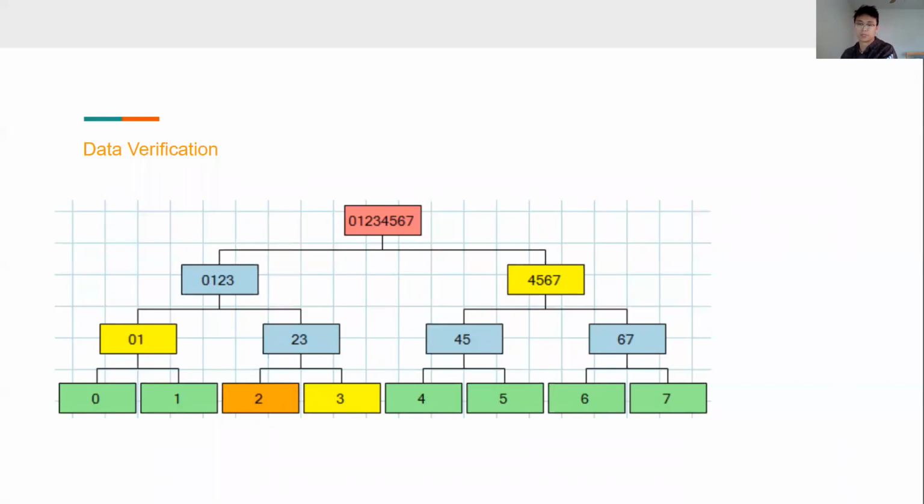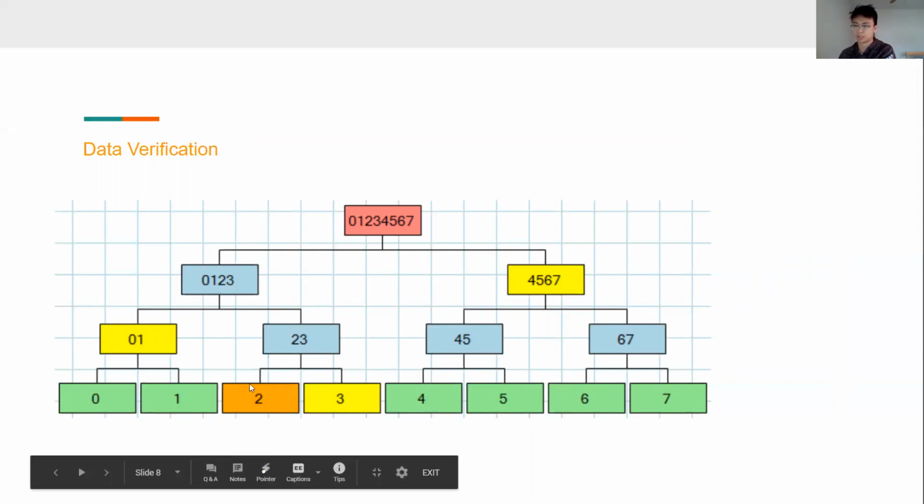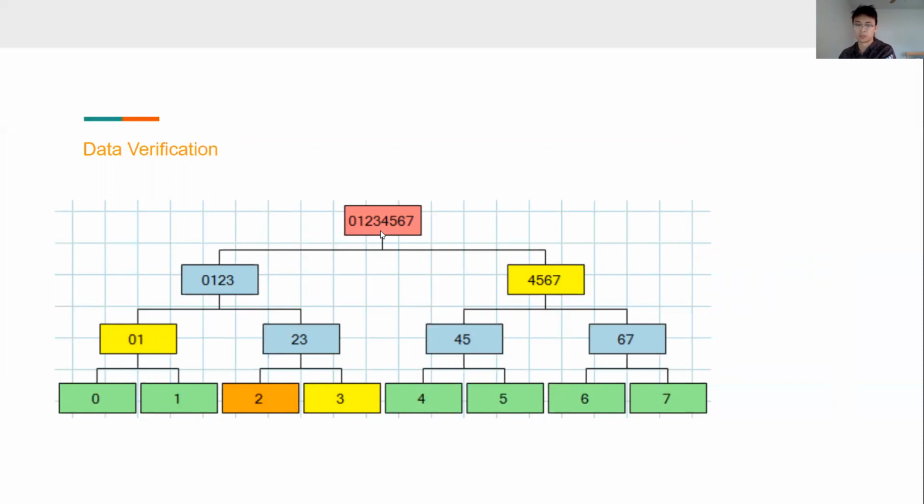Before the download begins, the YouTube server will send you some pieces of the data transactions, and then you reconstruct the Merkle tree on your local machine to make sure that the hash value is exactly the same as the root hash value of the video you want to download.